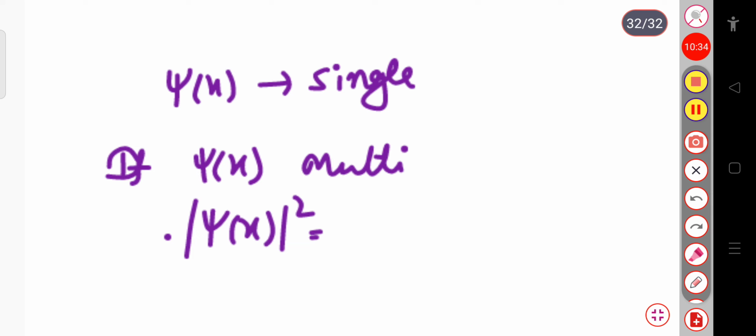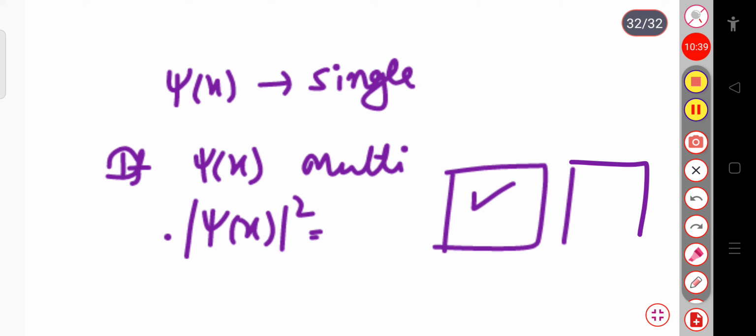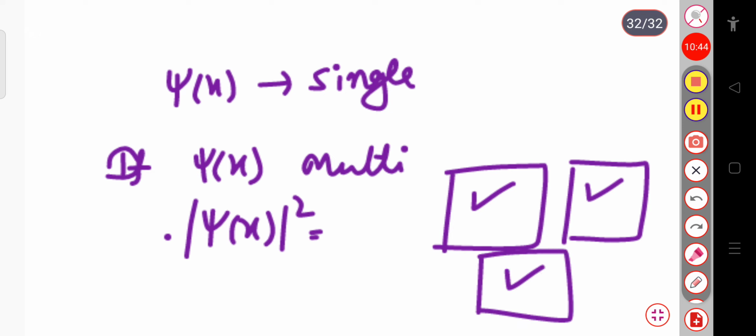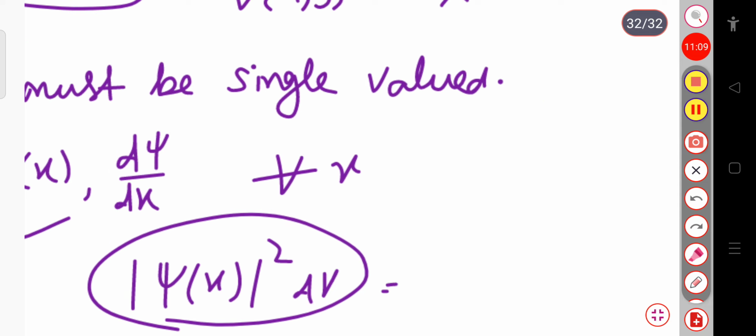It means that if I consider a particle to be present here, then multi-valued means the particle is also present here, or the particle must be present anywhere, which is not possible. If I consider a single particle, then I may consider that it is present here, or here, or here, but simultaneously it cannot be present at every point or every box. So psi of x must not be a multi-valued function; psi of x must be a single valued function.